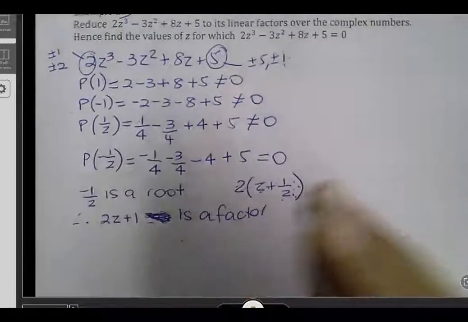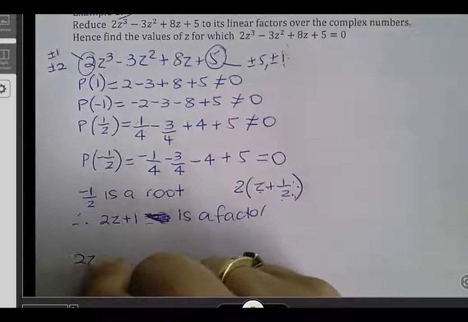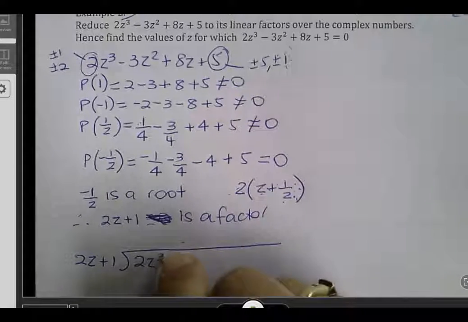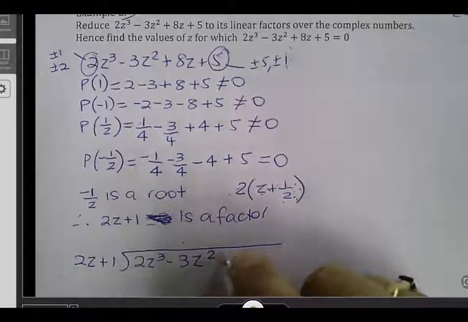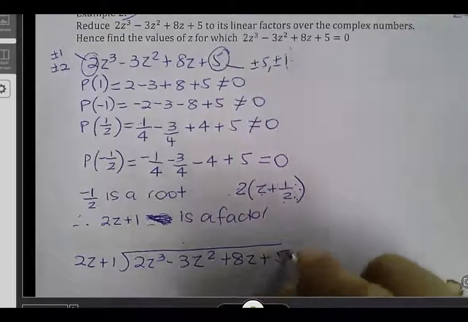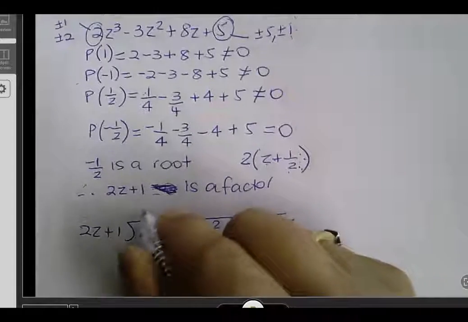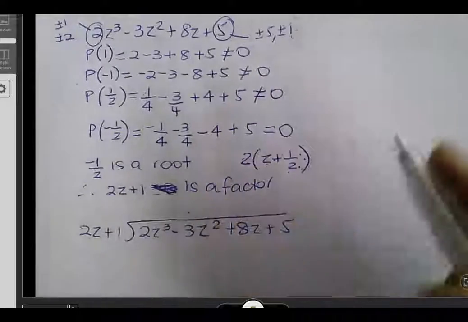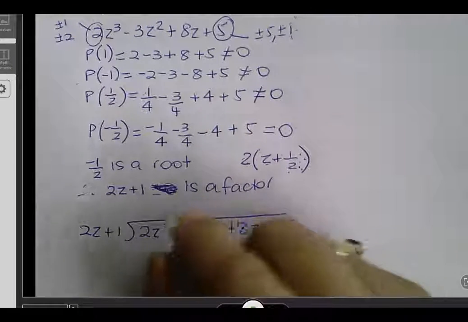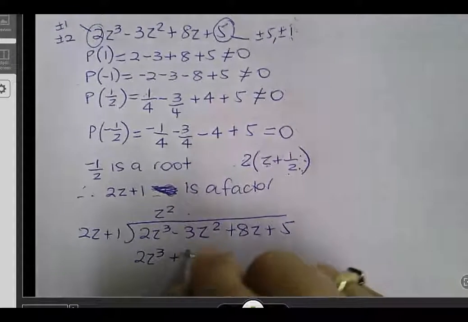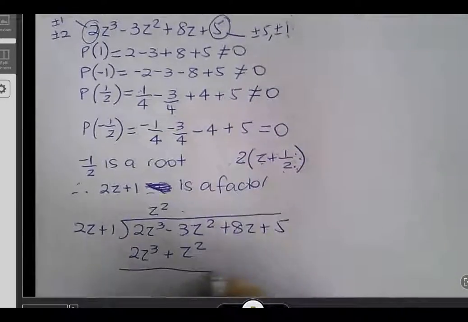So now that we know that 2z plus 1 is a factor, to find the other factors, you divide. We haven't missed any powers there. So let's go. What have we got? Z squared first. So we've got 2z cubed plus z squared. Let's subtract.